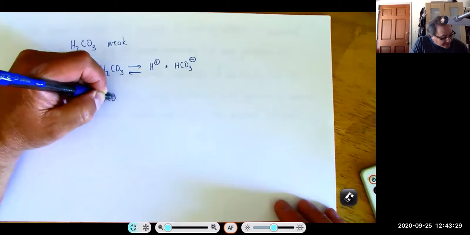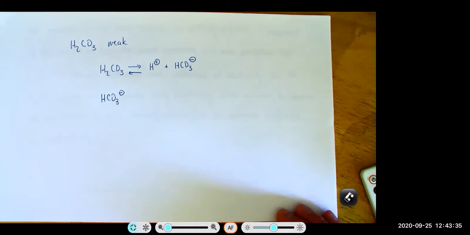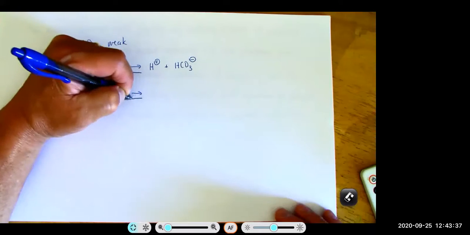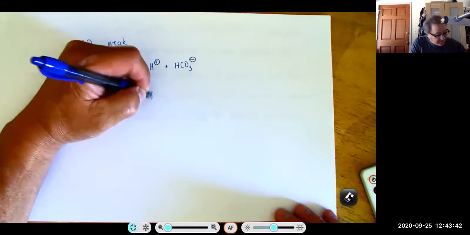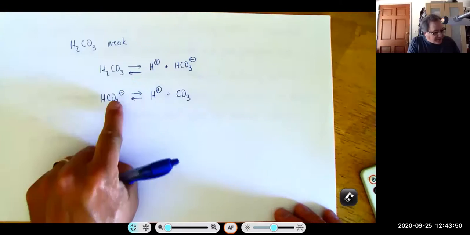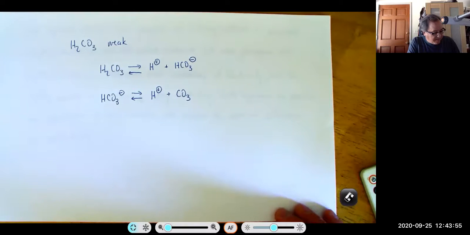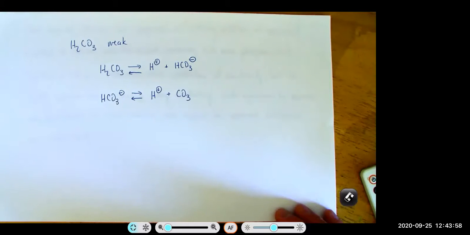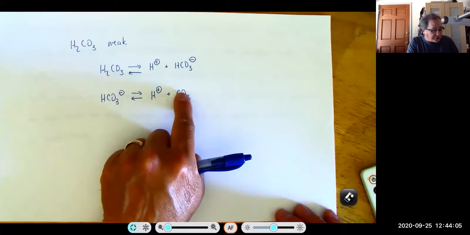This is also a weak acid. So what do we write here? Two arrows going different directions. Then an H plus, and then just CO3. Do the charges add up? Is -1 equal to +1 and 0? What does the charge on this have to be so that the charges are equal?